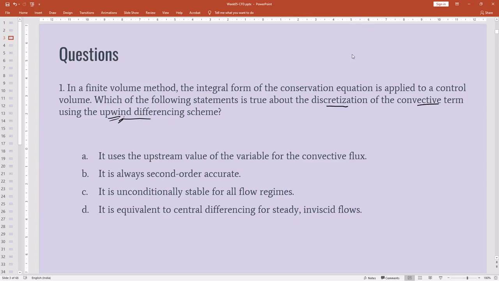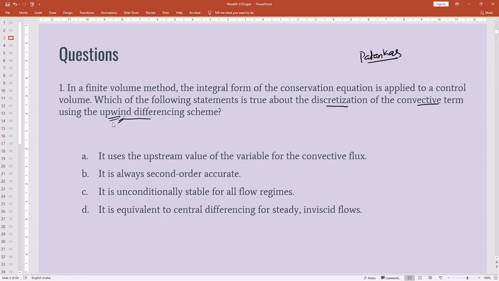I think in your list of reference textbooks, there is one book by Patankar. If you follow this book, it is entirely based on this upwind scheme. Upwind and downwind terms were introduced by Patankar, as far as I know.